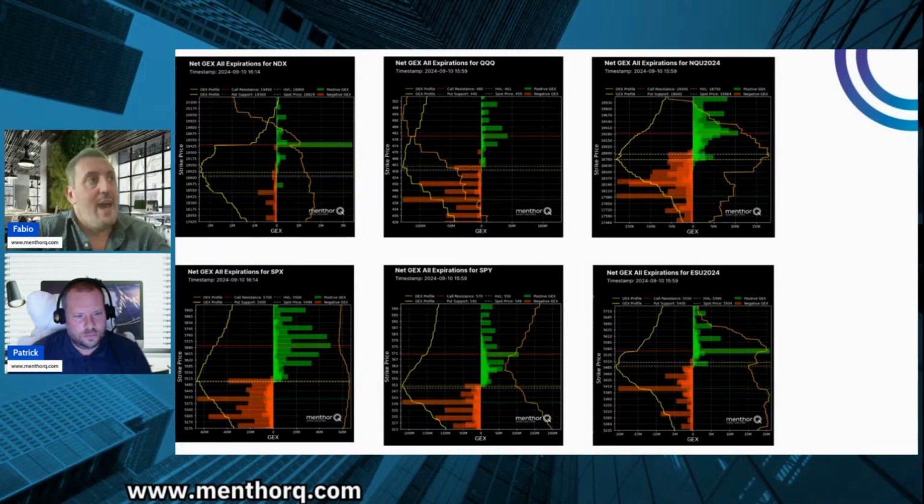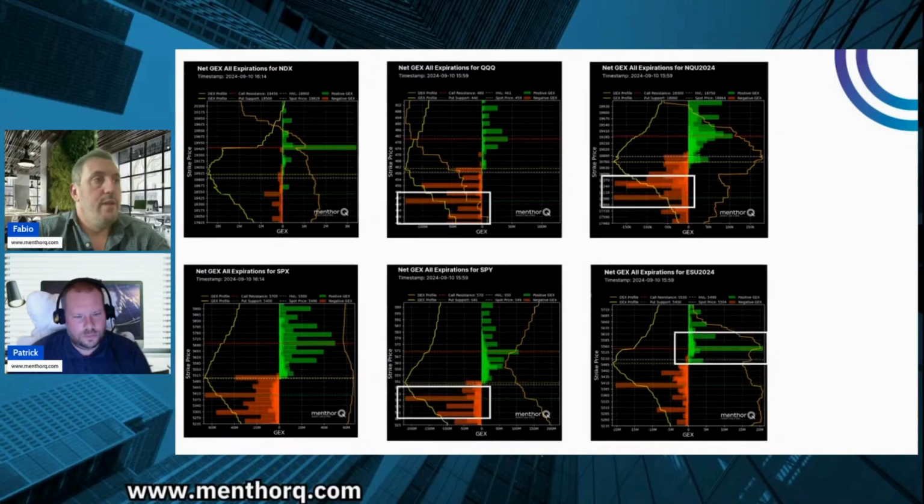So if we look at this slide, we see our net gamma exposure chart, and we see that by comparing the net gamma exposure of indices, futures, and ETFs, we get a different picture, or rather we're missing key areas that could be at play. For example, here at the top of the chart, you see the NDX option chain, QQQ and NQ, and SPX, SPY, and ES at the bottom.